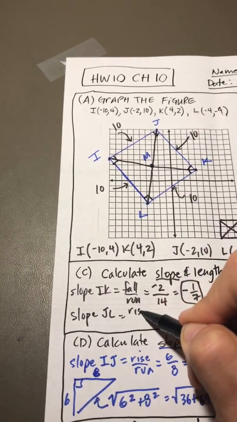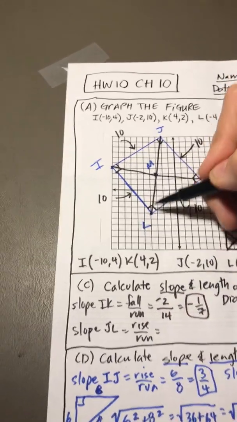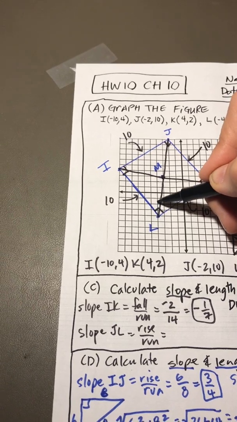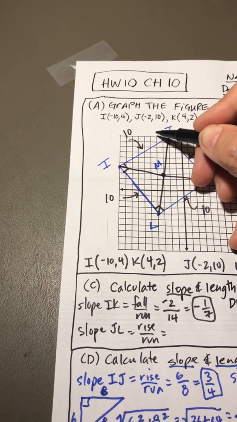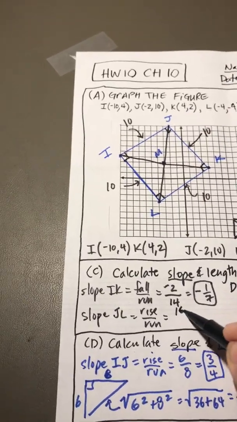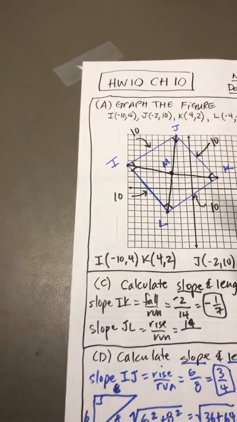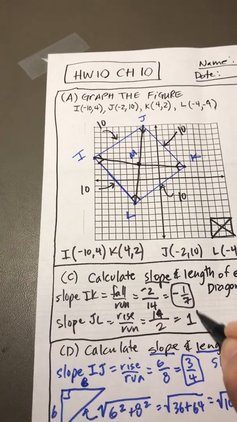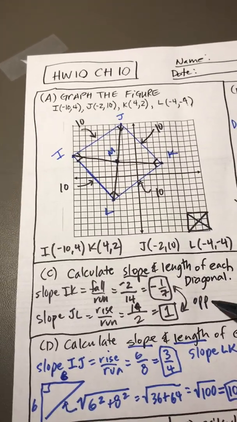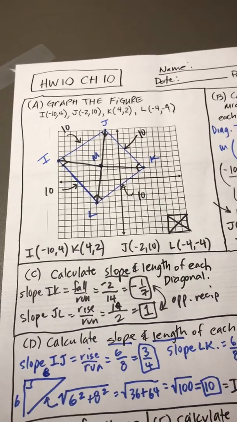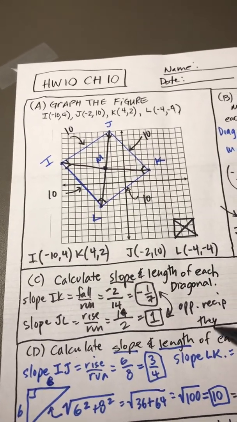So I'm going to write rise over run, and I'm going to find out how much I rise. 1, 2, 3, 4, 5, 6, 7, 8, 9, 10, 11, 12, 13, 14. And I run 2. So looky there. Those are opposite reciprocals. So what that means is they are perpendicular.